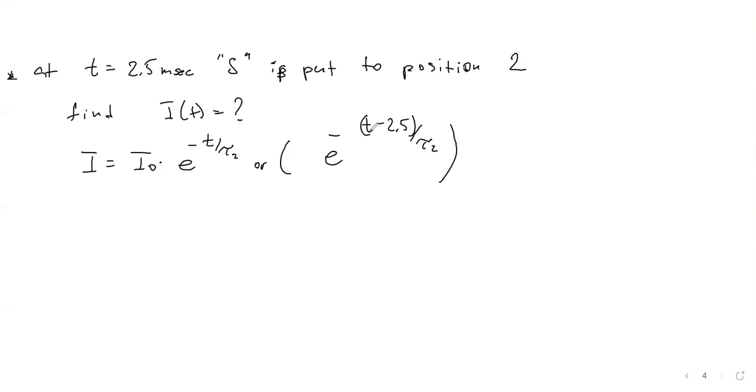I would not bother shifting time. I would just say that this time is calculated from the moment of the switch. I would more like to know what is I naught in this case and what is tau in this case.